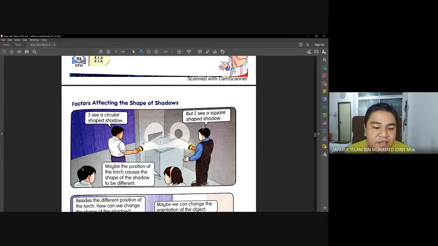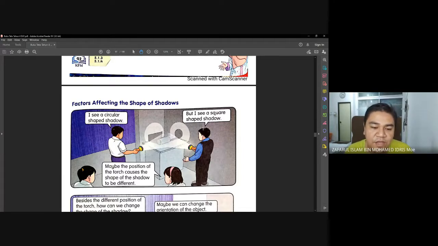Okay, I see. Okay, one object. Satu objek. Okay, you can see many shapes of shadow. Awak boleh lihat banyak bentuk shadow dia. Bergantung kepada, the first one, look. I see a circular shape shadow.